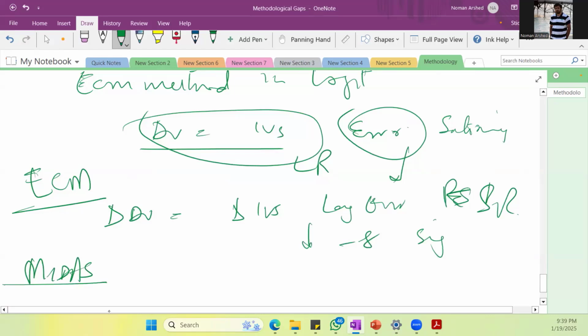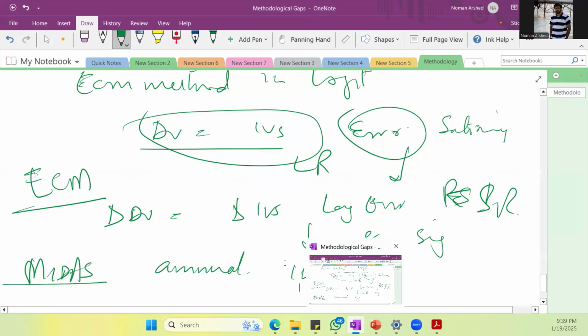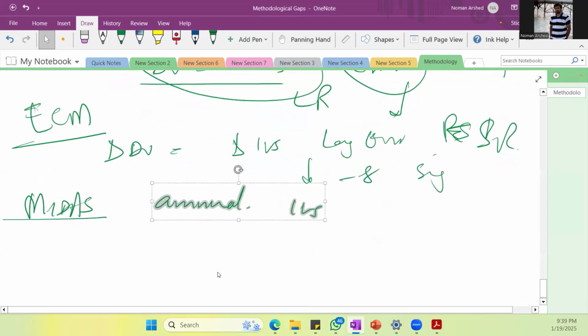This is another method where if your dependent variable is annual and your IVs are quarterly or monthly, you can relate them directly using MIDAS. So the first major tool that you need to understand is ECM. Second is MIDAS.